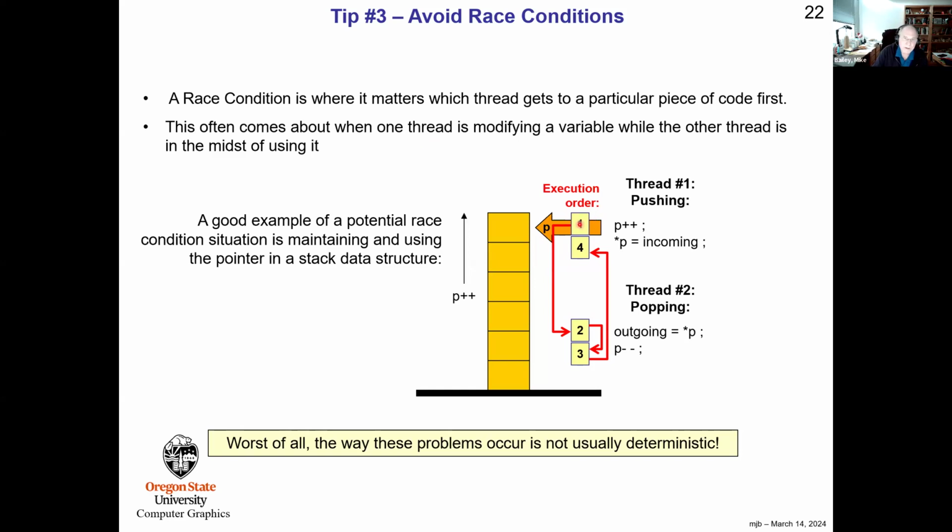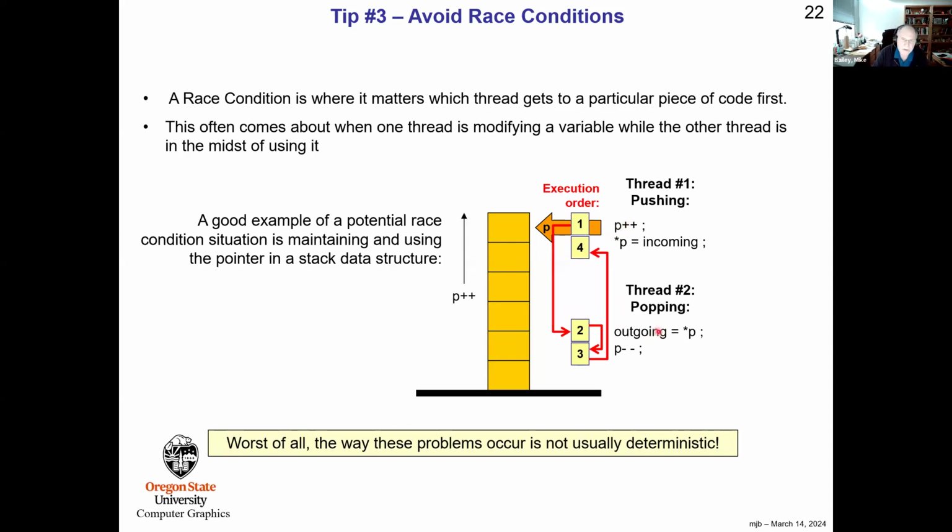Okay, thread 1 does the push, and this is the code for doing a push, and this is the code for doing a pop. Thread 1 does a push, but before it can complete it, because it's got to complete both of these pieces of code, the scheduler comes in, swaps out thread 1, swaps in thread 2.